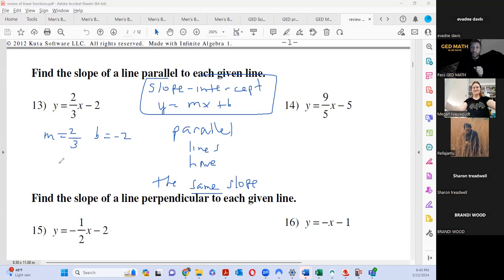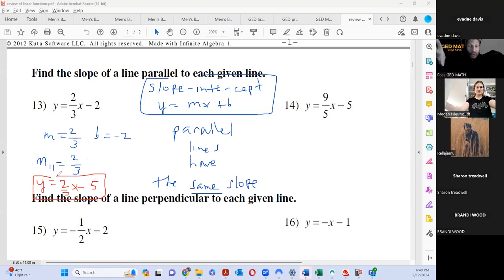Watch this. If my slope is 2/3, what's the slope of any line that's parallel to it? It's the same, 2/3. So this equation here, y equals 2/3 x minus 5, is parallel to y equals 2/3 x minus 2.